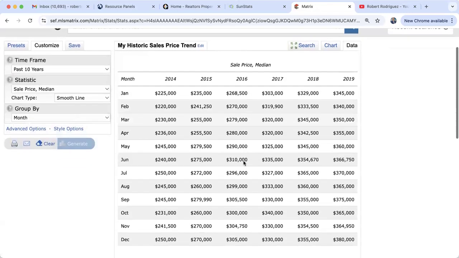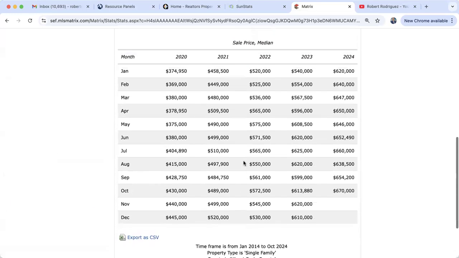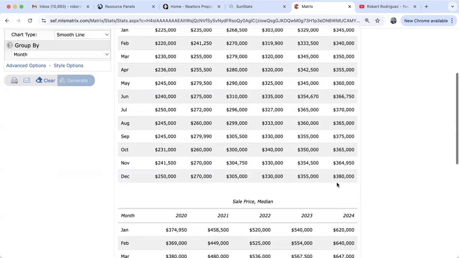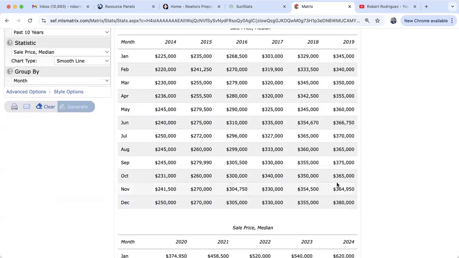The median sales price of 670 in October went from 430 all the way to 670 in just a 5-year period. 670 or any number around 670 happens to be the highest we've ever had in the last 5 years, and it definitely is the highest we've ever had in the last 10 years. So prices are up.